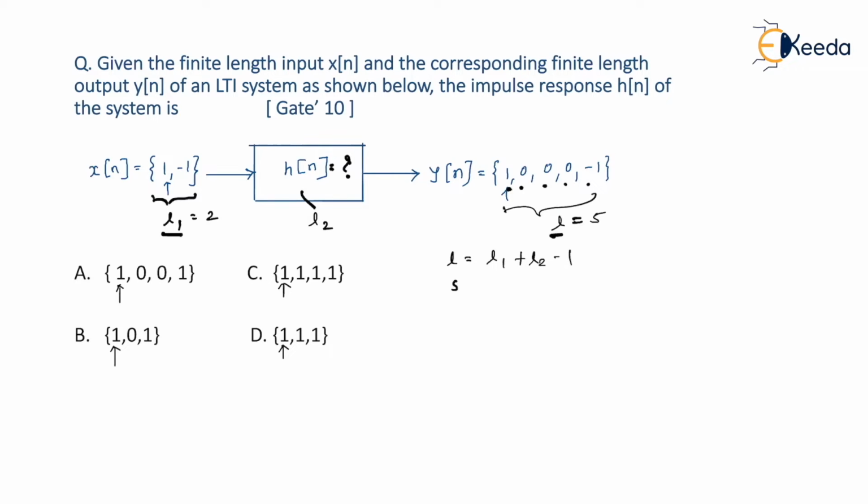The value of L is 5, and the value of L1, the length of x of n, is 2, so 5 = 2 plus L2 minus 1. So 2 minus 1 is 1, and then 5 minus 1 is 4. So L2 will be equal to 4.